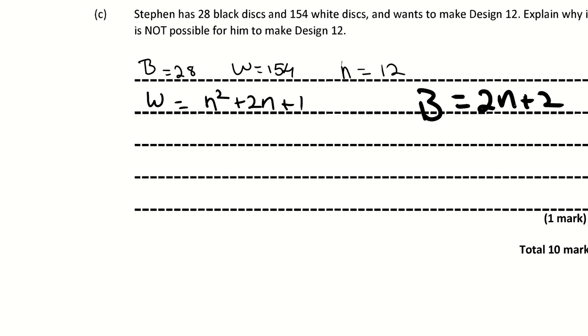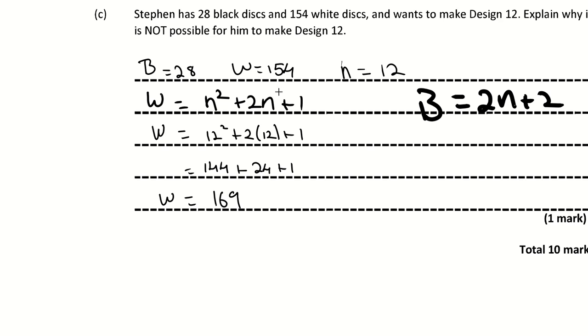White discs is equal to 12 squared plus 2 by 12 plus 1, which is 144 plus 24 plus 1, so for white discs you need 169.